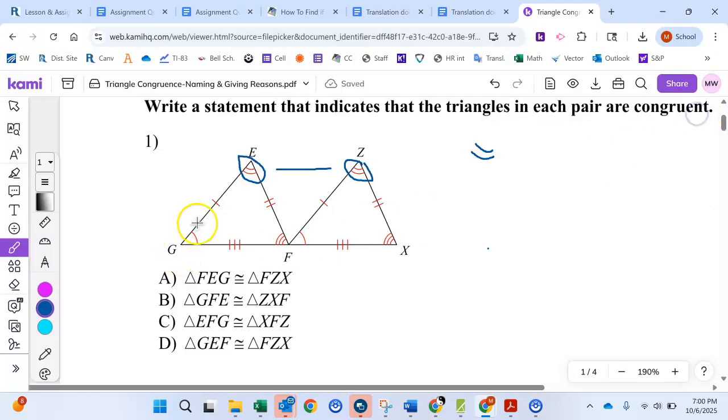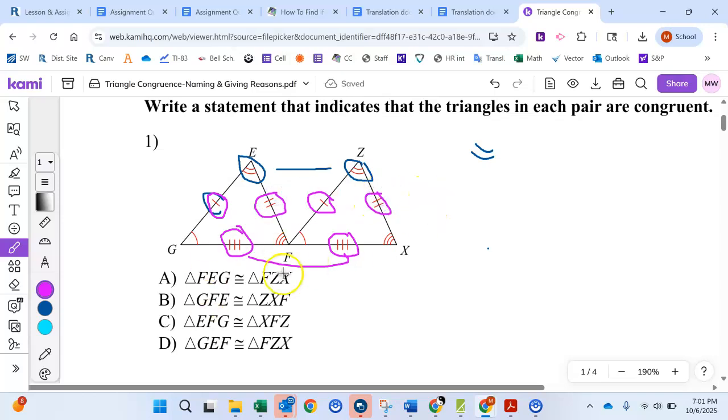Now, there's also the sides. These are the angles, and these show the sides. So this side that has 1 dash, let me put this in a different color, is going to be the same as this side that has 1 dash. Let me keep doing the sides. This side with 3 dashes is the same as this one, 1, 2, 3. And this one has 2, so it is the same as that.